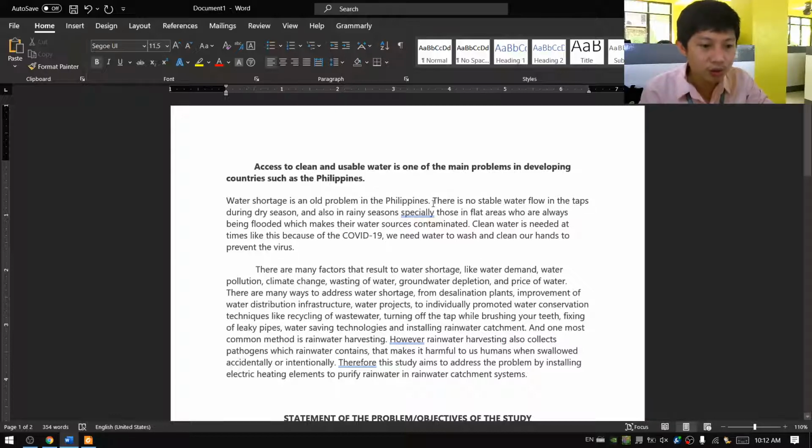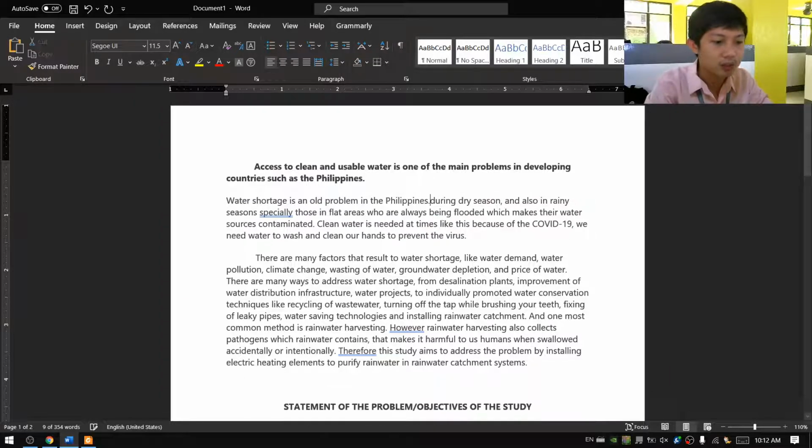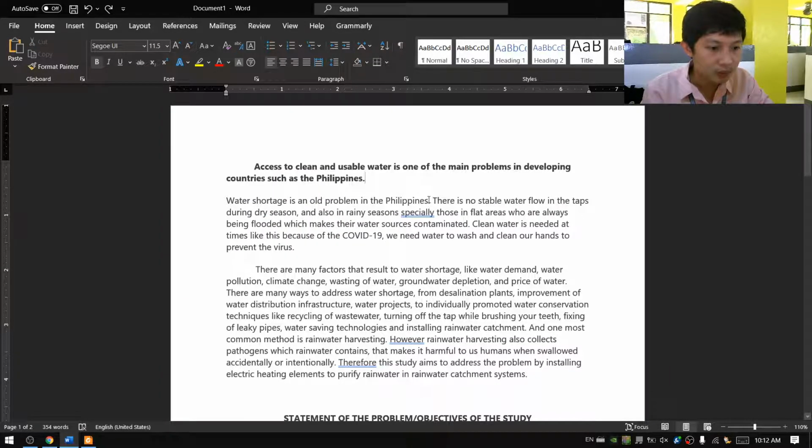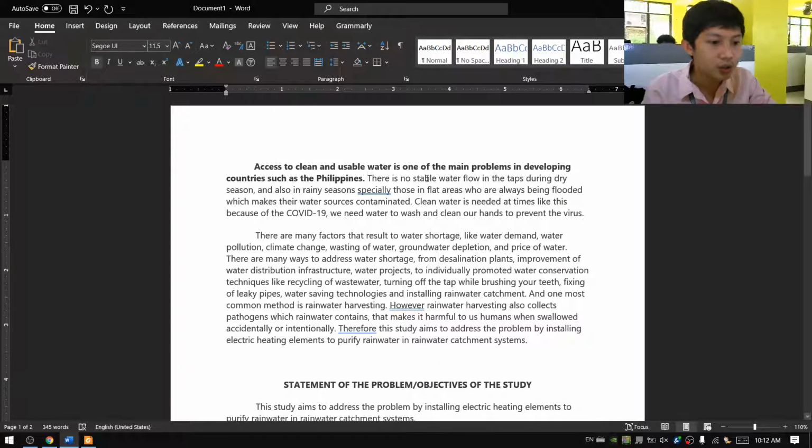So you can also use this one. Okay, so delete this one. Okay, there's no stable water flow. Really, there's no stable water flow in the taps during dry season and also in rainy season.